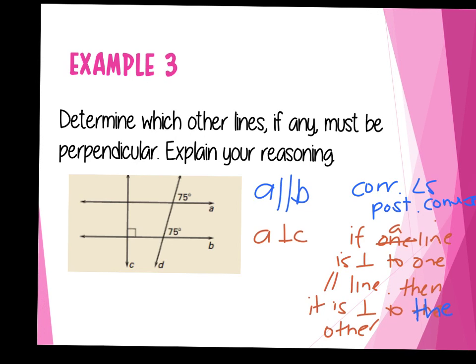So again, if I was to work that out in a proof, I would have to show that the first pair of lines are parallel, and then if they're parallel, it carries across to the other transversal, and you've got that if C is perpendicular to one of two parallel lines, it would be perpendicular to the other one also.